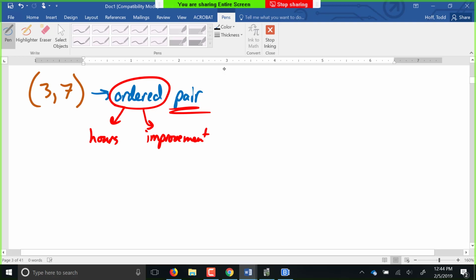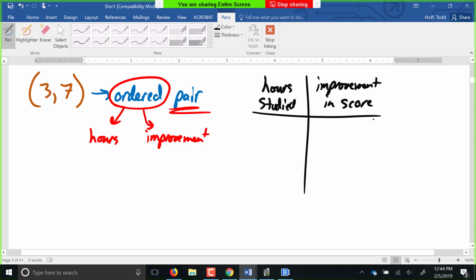So we can put them in an ordered pair like that, and expressing them in a table would be rather simple to do. Never mind my sloppy handwriting. You have 3 hours studied, 7-point improvement.